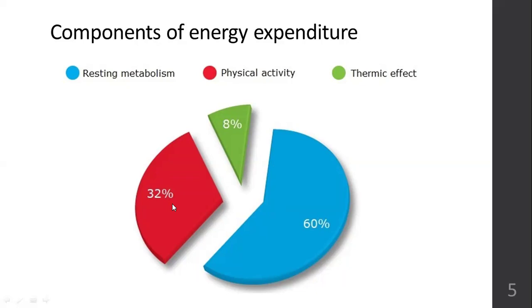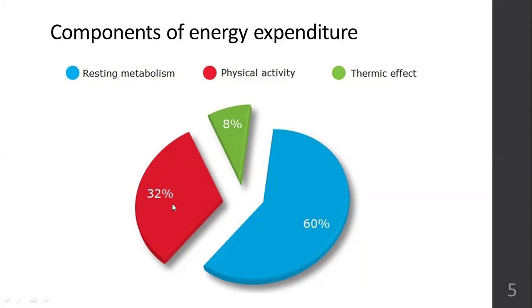And next, 8% is the thermic effect of food. For digestion, some specific foods create more heat in your body. Some specific foods need additional calories from your body just for digestion. This is the thermic effect, for example, protein.